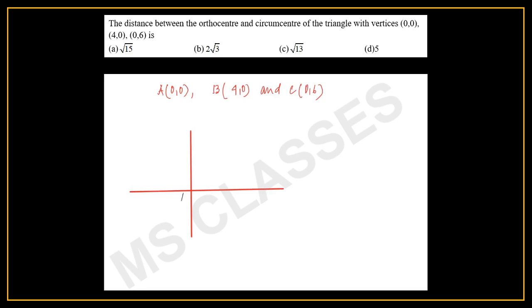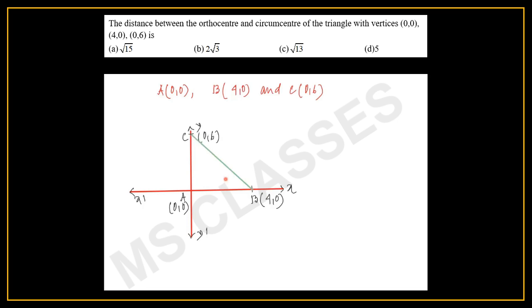Origin is represented by A 0, 0. 4, 0, so the point will lie on the x-axis, and 0, 6, the point is definitely lying on the y-axis.